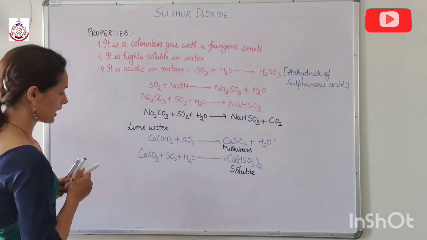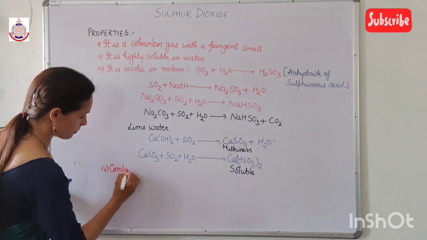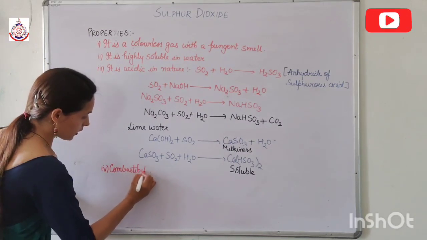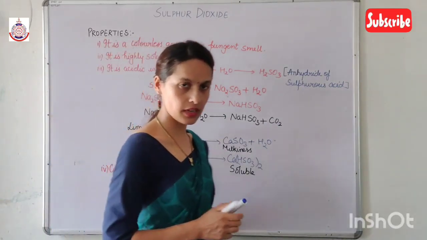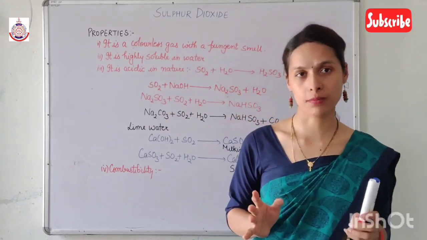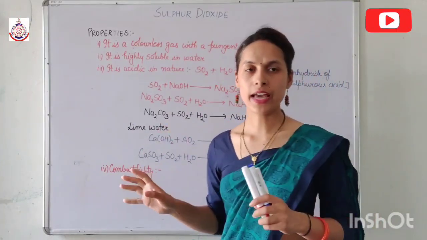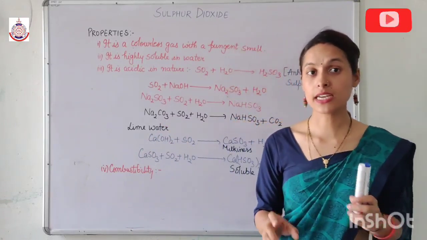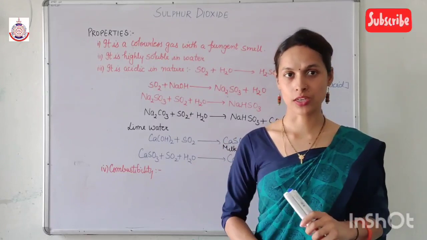Now the fourth property, that is combustibility. Sulfur dioxide is neither combustible nor a supporter of combustion. There is a statement for sulfur dioxide that it is neither combustible nor a supporter of combustion.